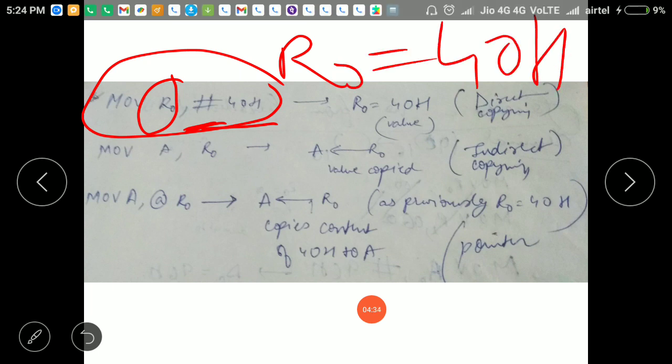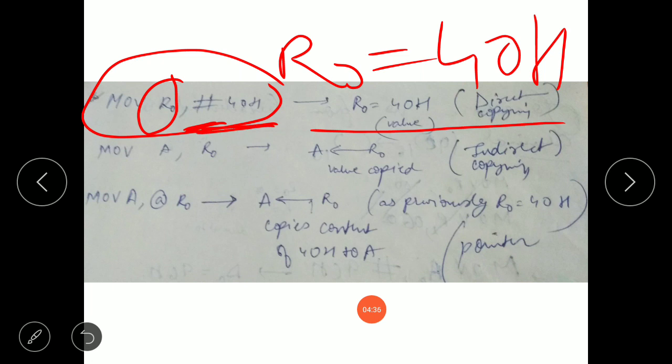This is called direct copy. Here the hash means 40, in hexadecimal format, is an immediate value which needs to be stored. Now if you write the instruction MOV A, R0, it means you are copying the content from the source register to a destination register.